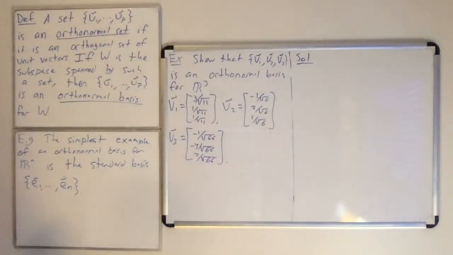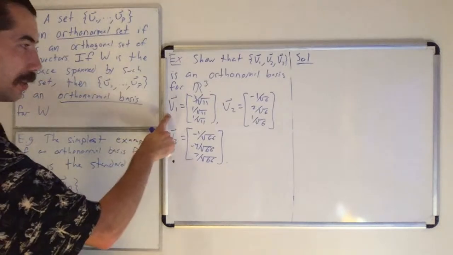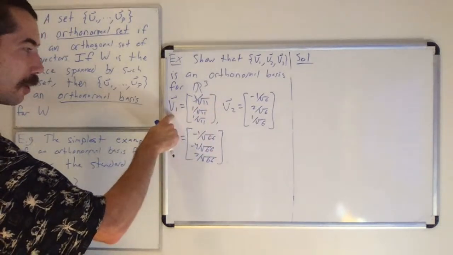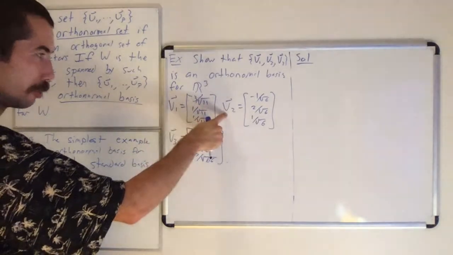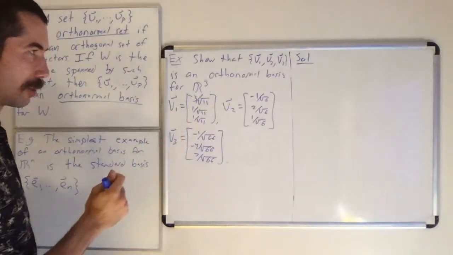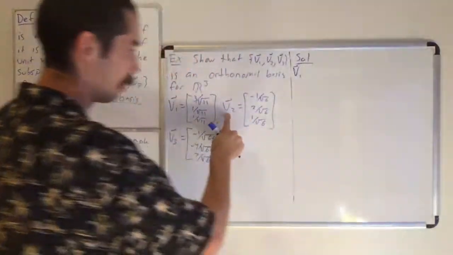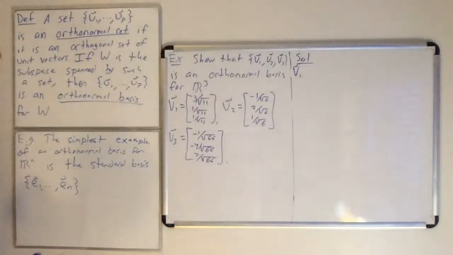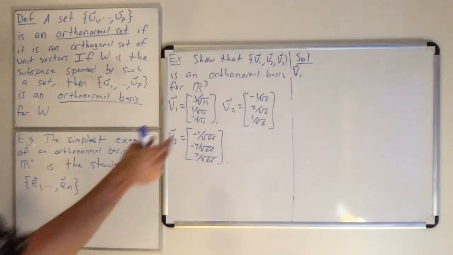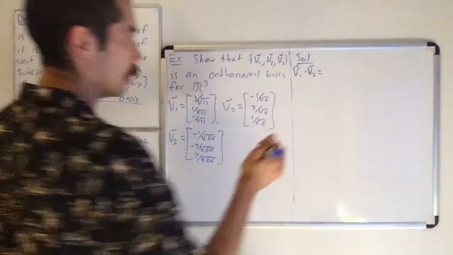So basically what we want to do is compute V1. We basically want to show V1 dot itself is 1, V1 dot 2 is 0, V1 dot 3 is also 0. Similarly, V2 dotted with itself is 1, and V2 dotted with the other 2 is 0.